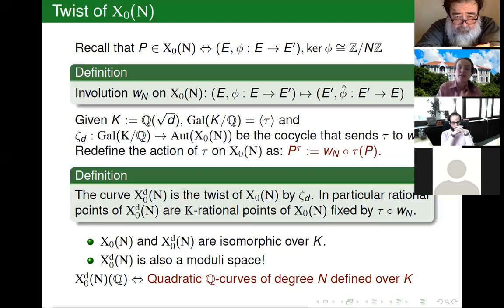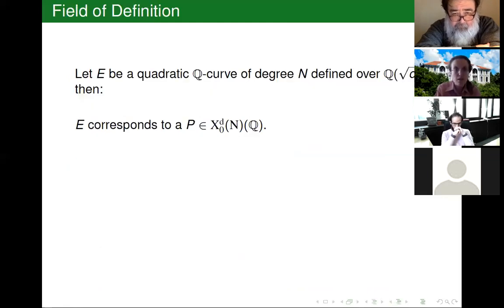So if you can understand the rational points of this curve, you will have information about Q curves, which might be helpful for your study of Fermat-type equations. Okay. All right, so this is what I repeat about the moduli space structure of the twisted curve.